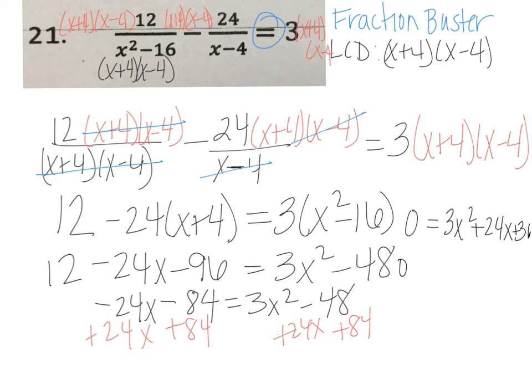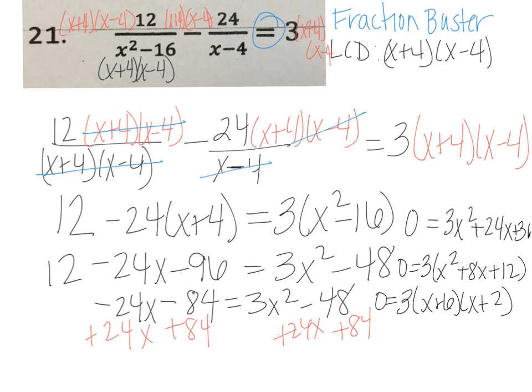Running out of space. Factor out a 3 to make my factoring easier. x squared plus 8x plus 12. And then we have 3 times x plus 6, x plus 2. And so x is equal to negative 6 and negative 2.